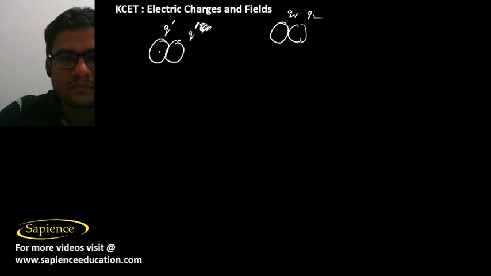So at the center here, the electric potential should be the same here and here. They are kept in contact. Then it is k q dash.